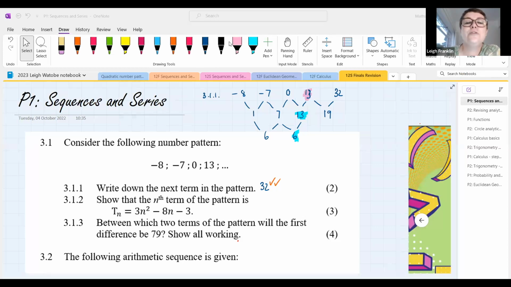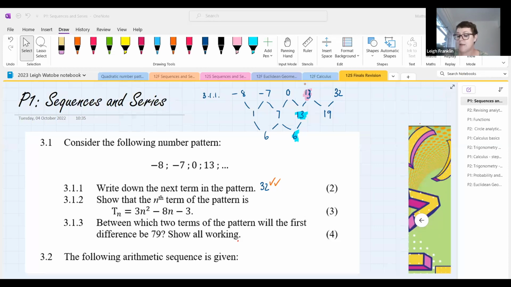Yes, that's what they were asking in 3.1.1, but you don't need the value of the fifth term to answer question 3.1.2. So no, they wouldn't be penalized, but it's not necessary. We could answer question 3.1.2 without knowing that the fifth term was equal to 32. It wouldn't make any difference to our solution.